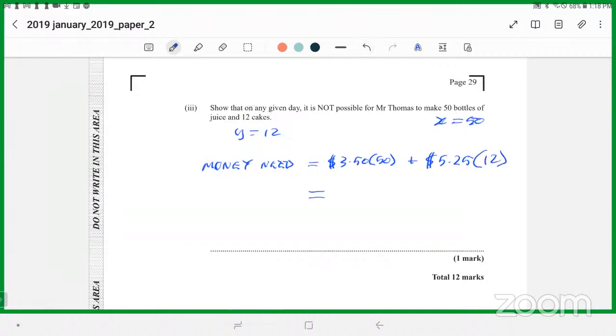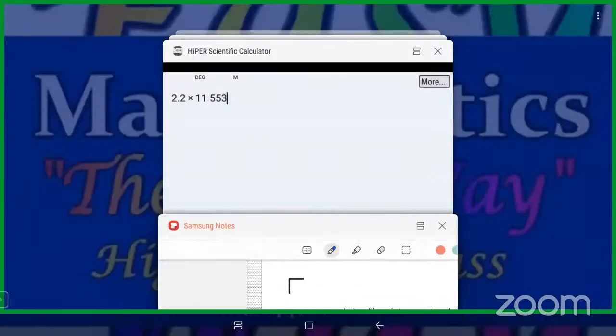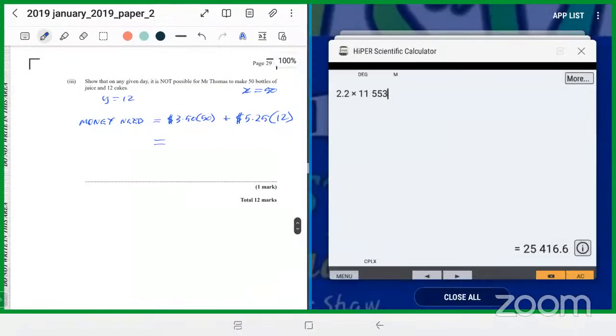Let's see what this works out to. If you come to more than $163, you can't do this, because you can only spend $163. That's what it works out to: $175. This is equal to $175.